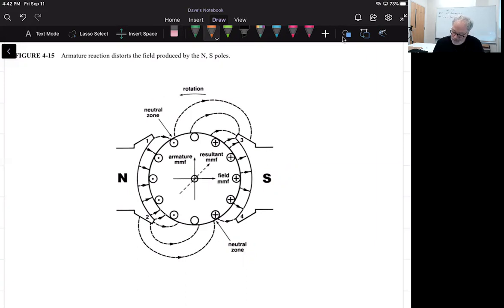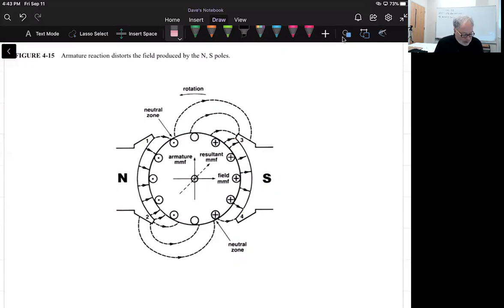One other final effect he mentions is that the flux distortion causes some problems in the pole tips themselves. If you look in the pole tips, there's a saturation that occurs. He says the flux density in pole tips 2 and 3 causes saturation.